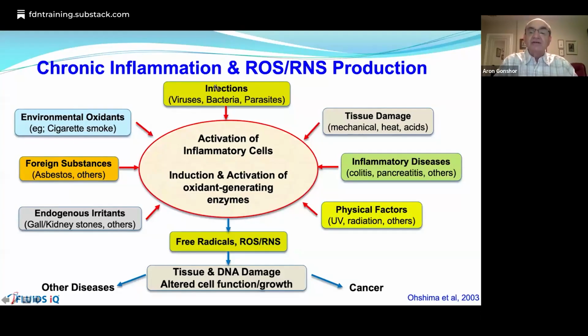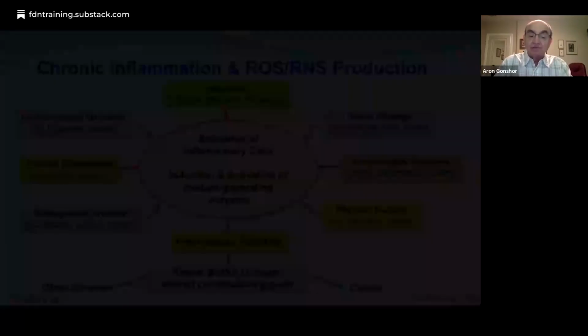If you've got infections, if you've got tissue damage for any reason, if you've got inflammatory diseases, you've got colitis, you've got pancreatitis, you've got intestinal inflammatory diseases, you've got environmental oxidants like cigarette smoke and many other things, that's going to cause activation of inflammatory cells, and that in turn is going to end up causing free radicals to form in greater numbers than normal. And that's going to cause tissue and DNA damage. And it's going to basically alter the cell's functioning and its ability to grow.